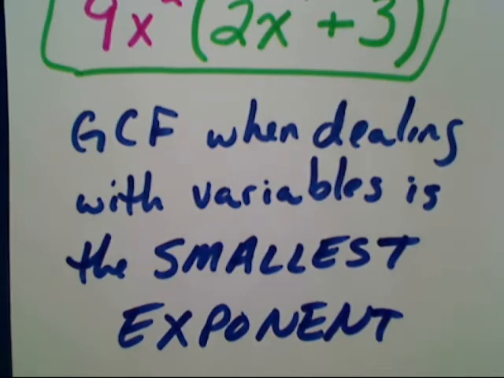The greatest common factor when dealing with your variables is going to be the smallest exponent, because that's the most that you can pull out, is the smallest amount.